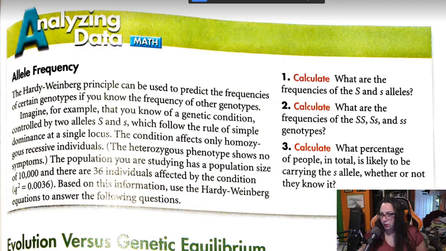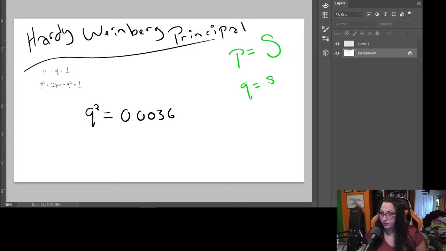So let me show you what I wrote down here. Our q squared equals 0.0036.